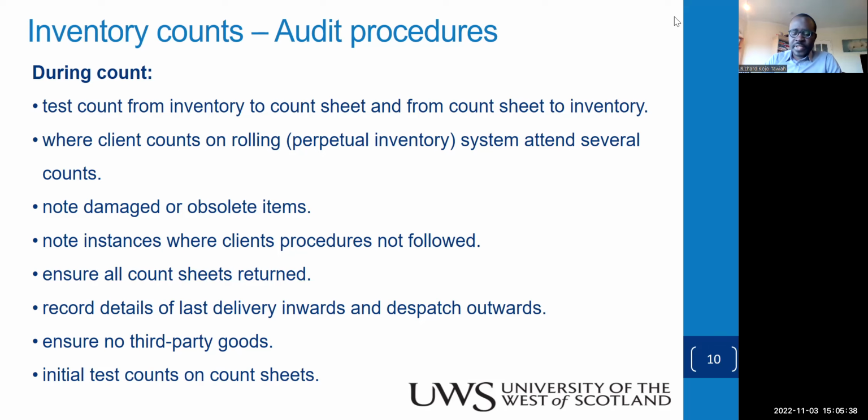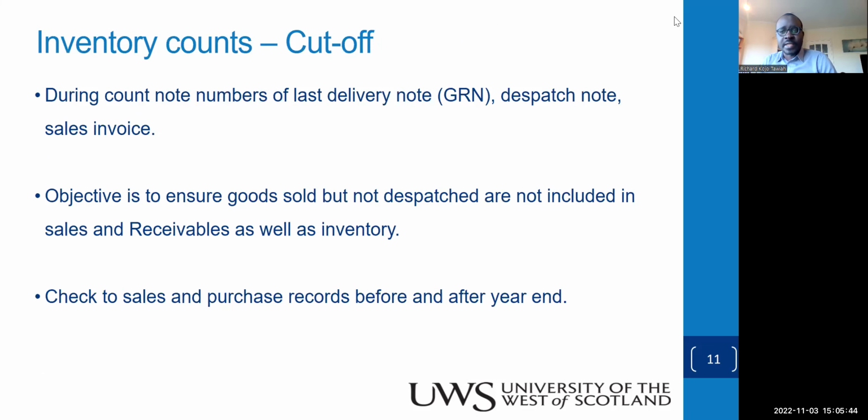Okay, so for Richard K. Kojotevia, we normally put RKT so that we know that bolts and nuts were counted by Richard Tevia. Inventory counts, the cutoff. So during the count, note, like I said, the last date of delivery notes and dispatch notes so that we don't include things we are not supposed to include for year-end values, and we don't take out things we are not supposed to take out.